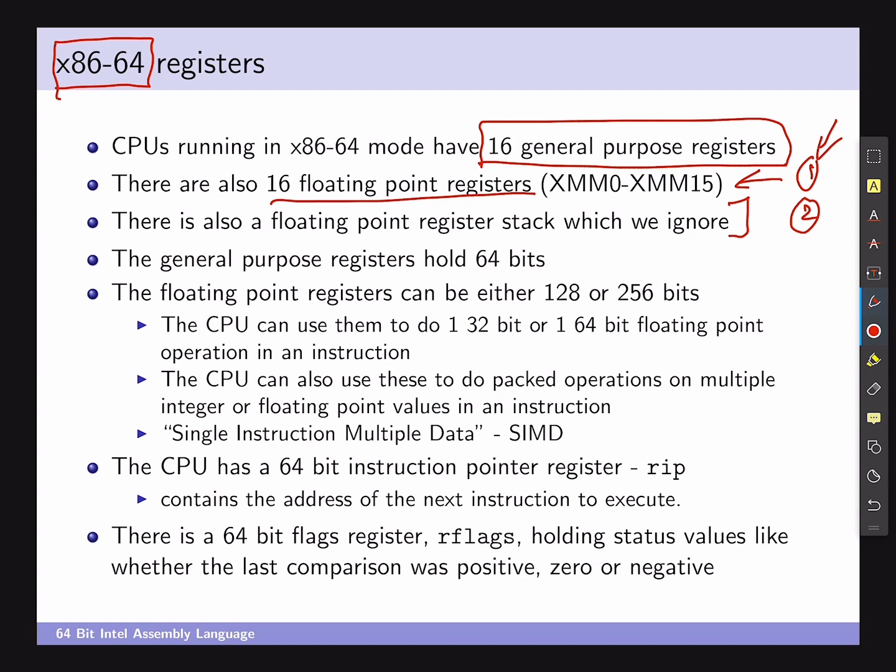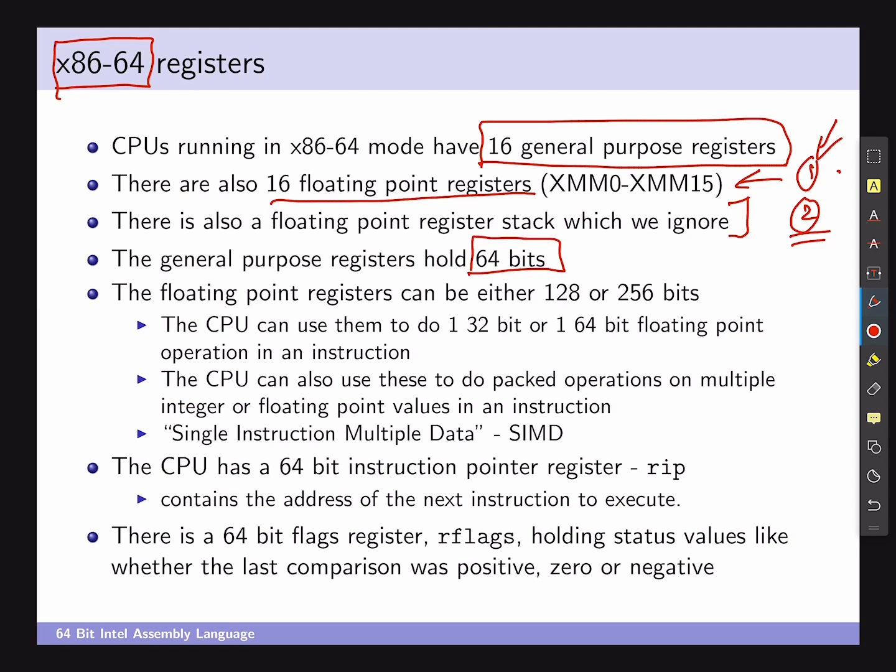It's still quite far along in the syllabus, but we're going to focus explicitly on using that version of the floating point register because it allows us to perform vectorized computation. So it's a way of performing multiple operations in a single instruction. It's what we call SIMD instructions, but we'll get to that later. I bring this up because if you're curious and going further ahead than the textbook, don't spend your time figuring out how the floating point stack works, because we're not going to be using it in this course. We're going to use the more modern approach, so we're going to be using 1 and not 2. All our general purpose registers, because we're in 64-bit mode, hold 64 bits of data.